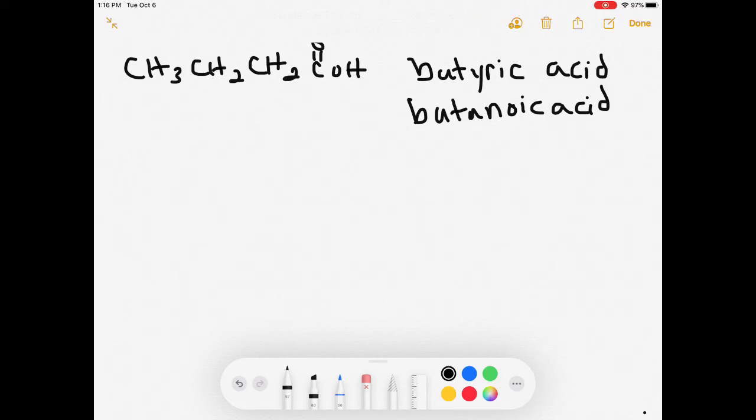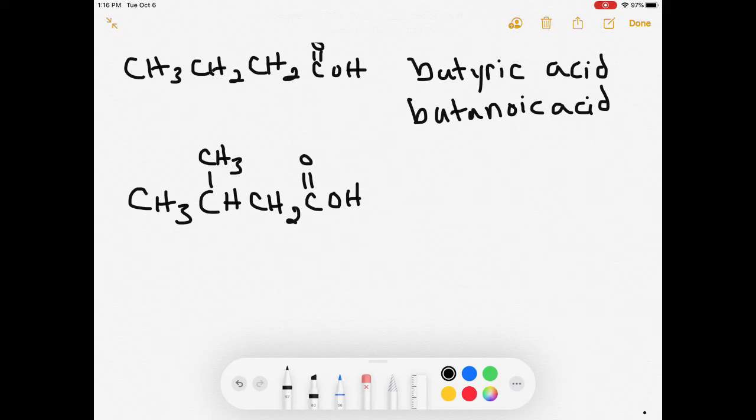IUPAC names. And then if we wanted to throw in a substituent, let's say we have CH3, CH with a methyl group here, CH2, COOH. Okay, so we could still say butyric, but then we have to add in our methyl group. So it'd be beta. That's right, that's on the beta carbon.